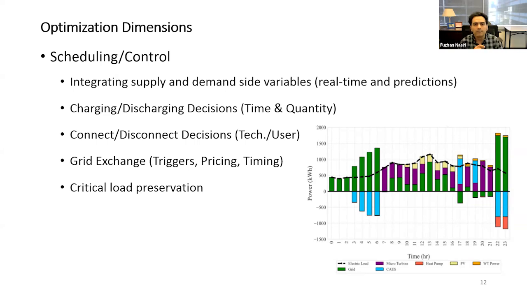And we're going to have many binary integer type decisions. The technologies that are members of the system are going to be connecting and disconnecting over time, depending on the needs. So when there is a need, they're going to be called in, and when there is no need, they're going to be off. And the same goes for energy storage.